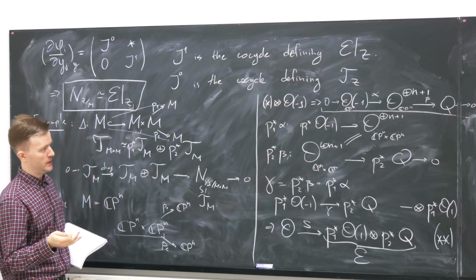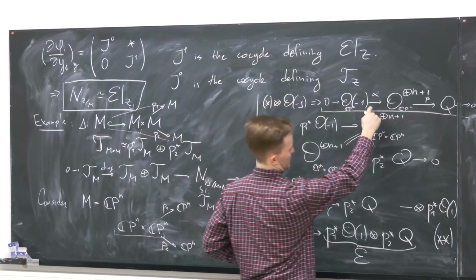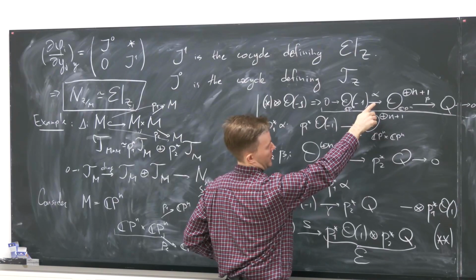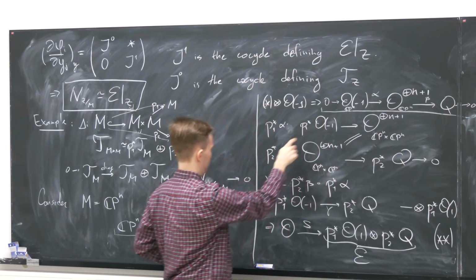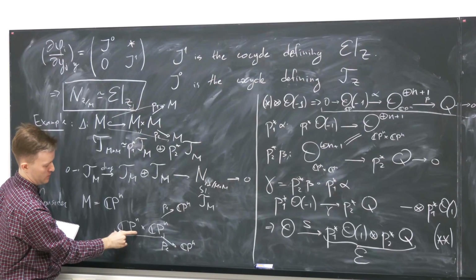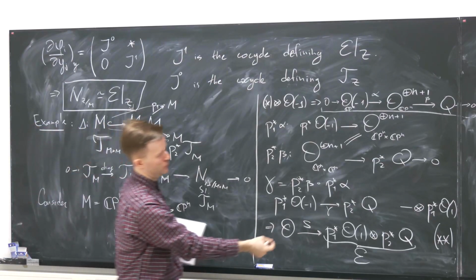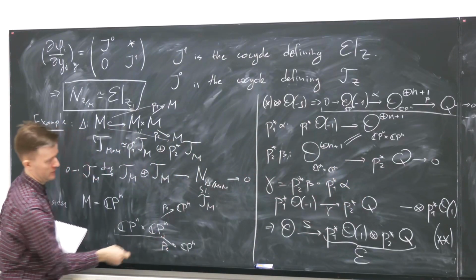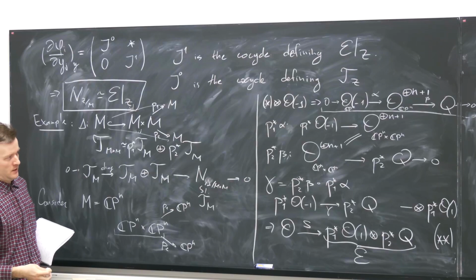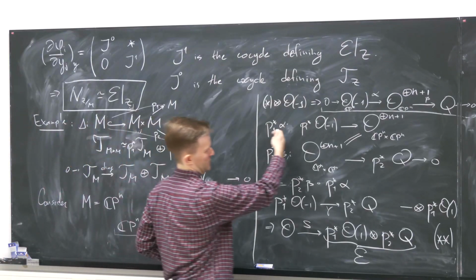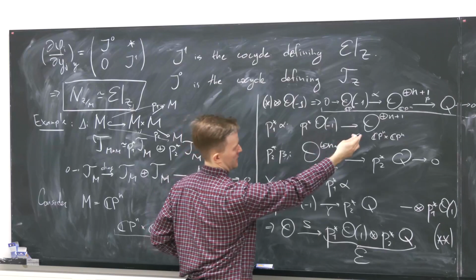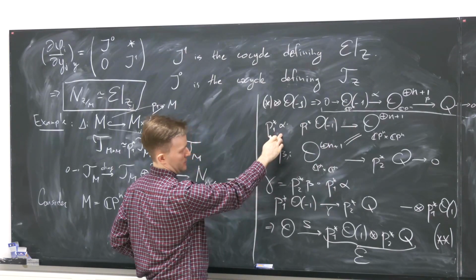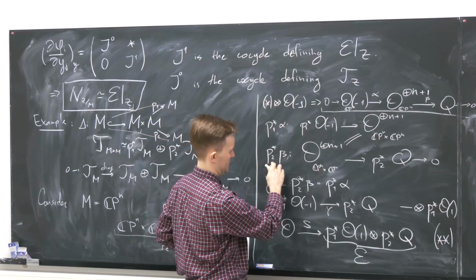So now I do the following trick. I have two maps in this exact triple, and I want to pull back one map alpha via P1, the projection onto the first component, and I want to pull back the other map beta via P2, which is the projection to the second component. If I do this, I obtain two maps: this is P1 upper star alpha here, and this is P2 star beta.